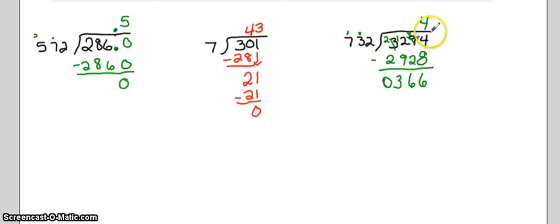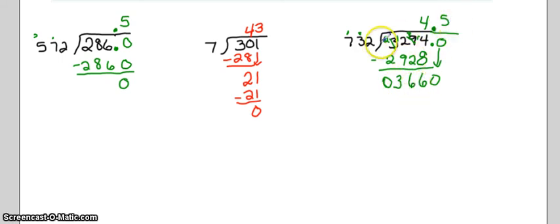So in order to finish this problem, we are going to have to add a decimal and a 0. So let's bring it down. Let's bring the decimal straight up. And now 3,660. Okay, 4 times 732 was 2,928. Let's go ahead and see if 5 times 732 will give us a number close to 3,660.